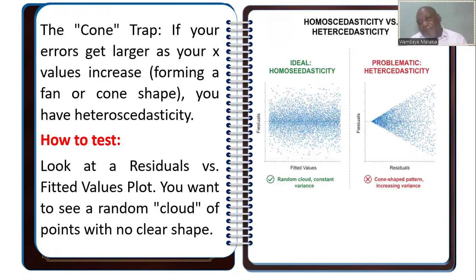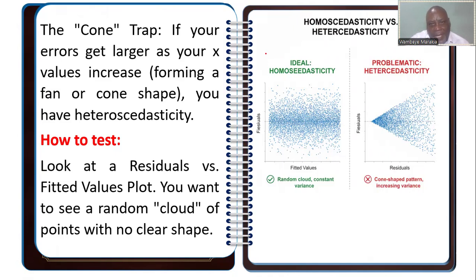For example, I've drawn on my screen the two kinds of data points, and the ideal situation of homoscedasticity is being shown here on the left side.